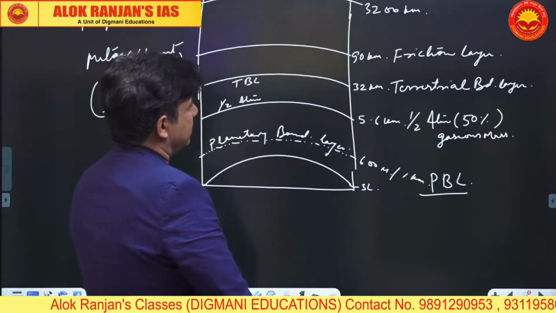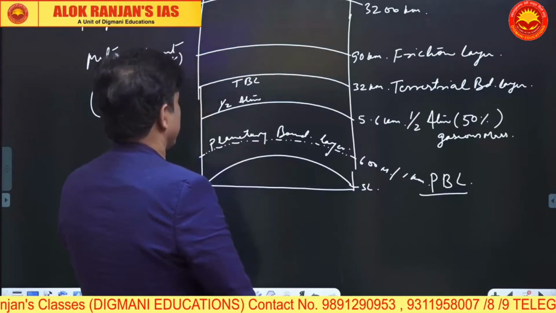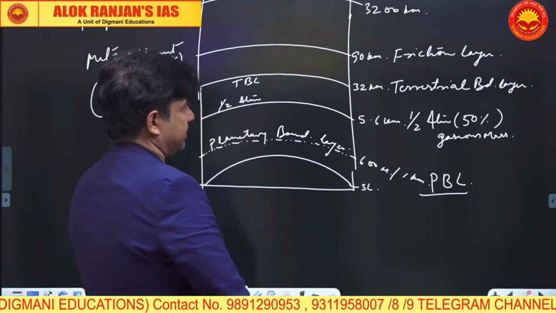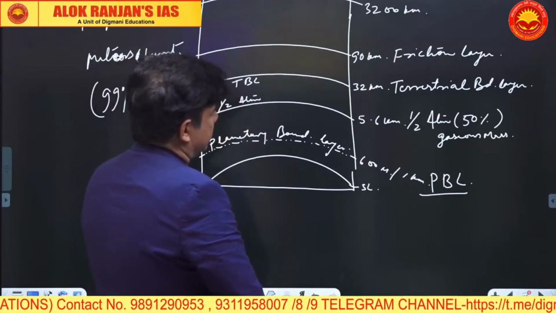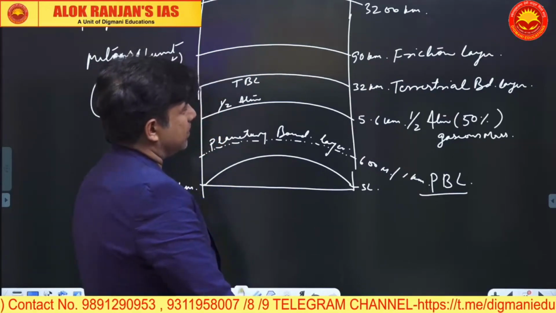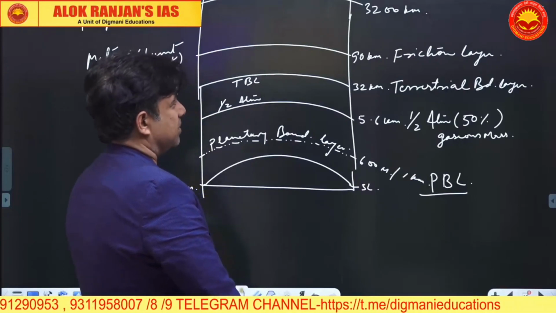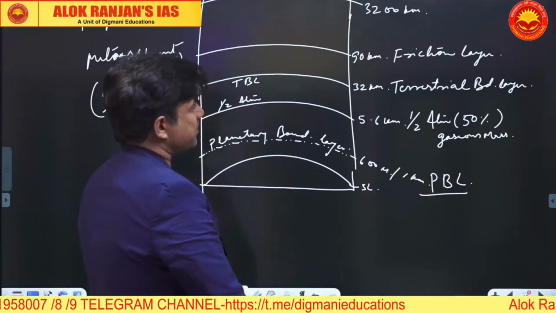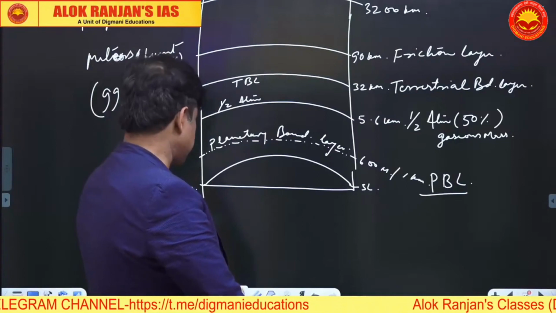Keep writing: 3200 kilometers will be called the magnetic boundary, because here the Earth's magnetism repels the magnetic waves coming from the sun.